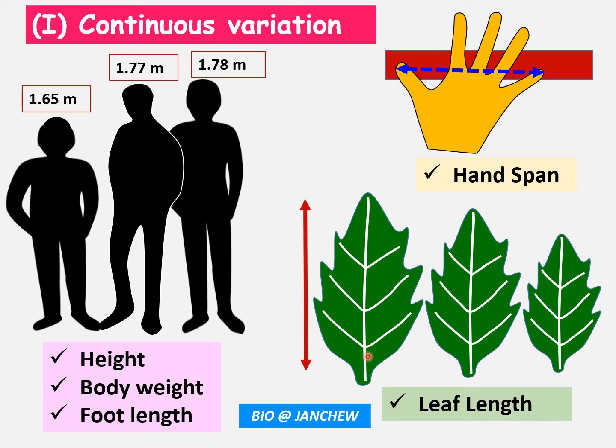Same for leaf length. Maybe these are leaves from three different trees of the same species, and they may show variation in the leaf length or the average leaf length. So continuous variation is quantitative in that it can be measured. Features such as height, body weight, leaf length and hand span can all be measured.